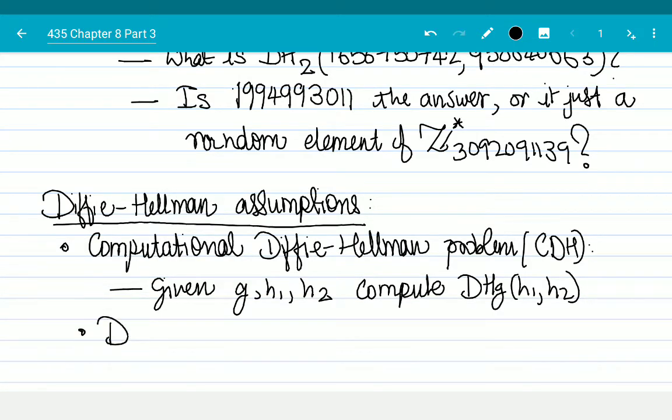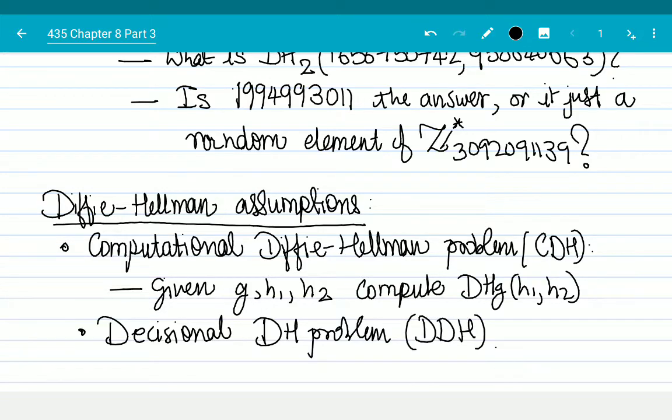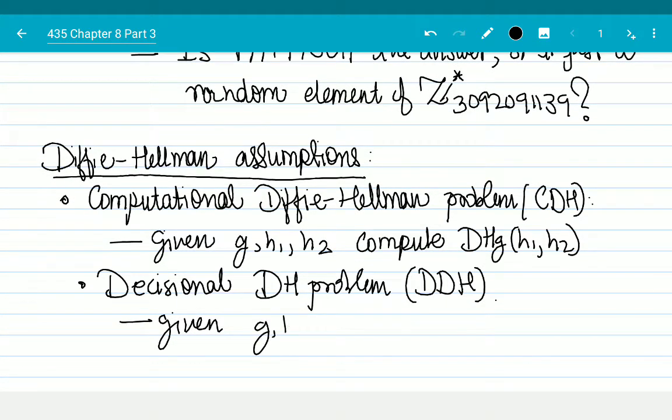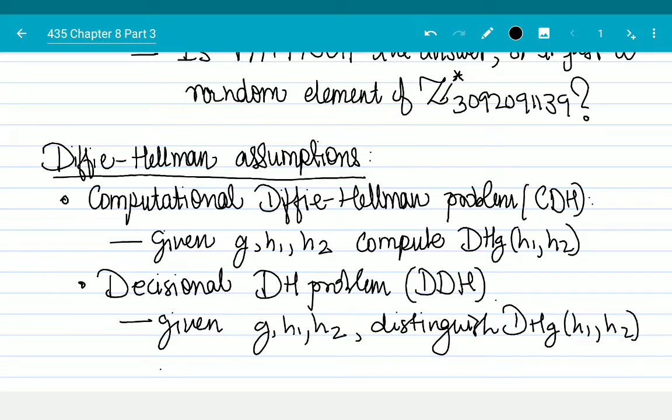What is the decisional Diffie-Hellman problem, which is called DDH? Well, given g, h1, h2, distinguish DH_g of (h1, h2) from a uniform element of G, right?